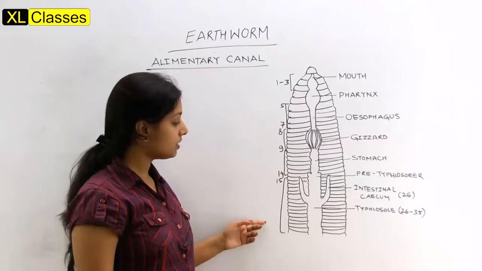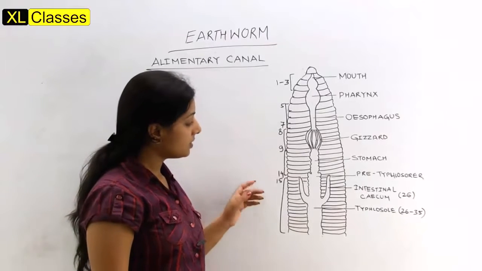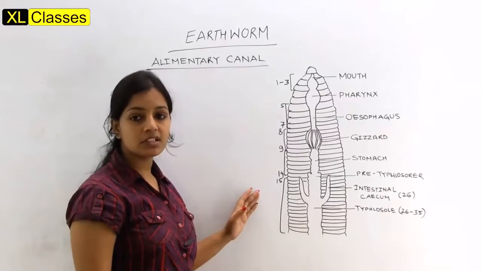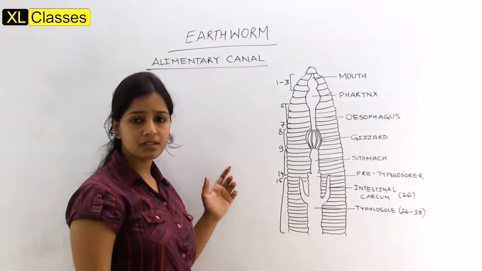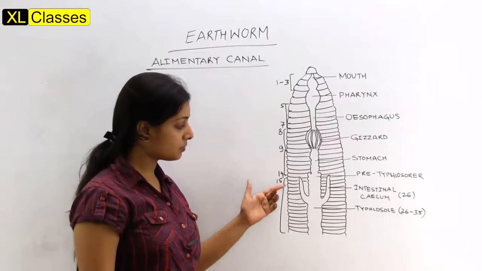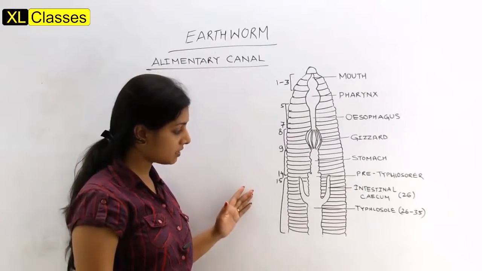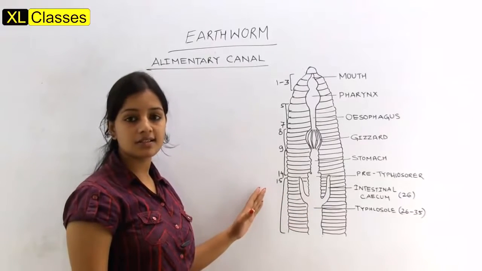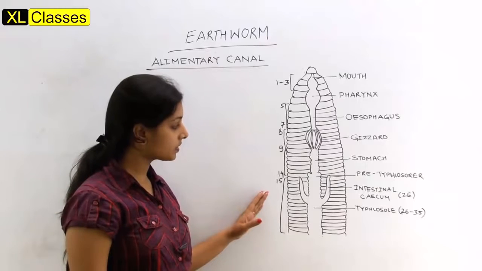Behind that, in the intestine, the intestinal caeca are present, which are a pair of short, slender and conical structures which project out from the intestine, present on the 26th segment in the intestinal region of the earthworm.